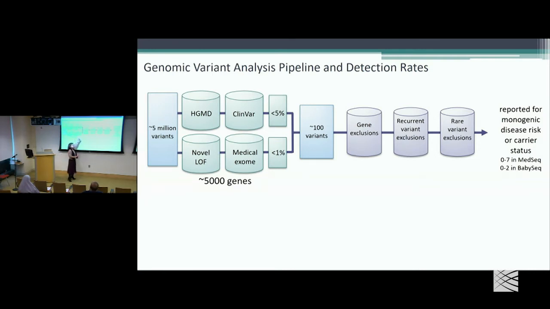And we throw on a basic frequency filter to say, just get rid of the really high frequency junk. We find about 100 variants said to be pathogenic in Mendelian disease genes.